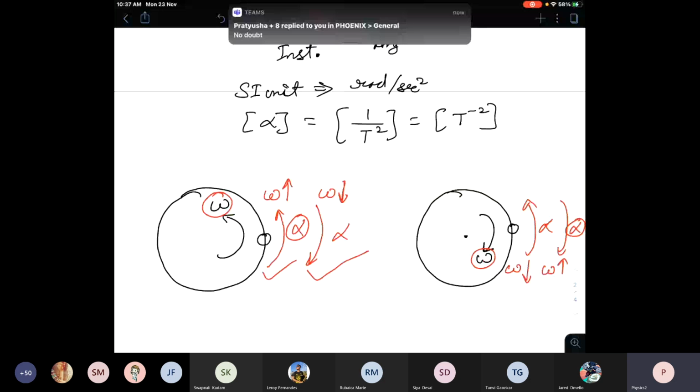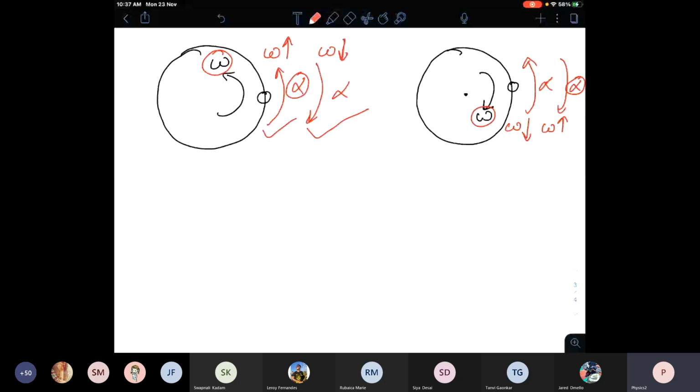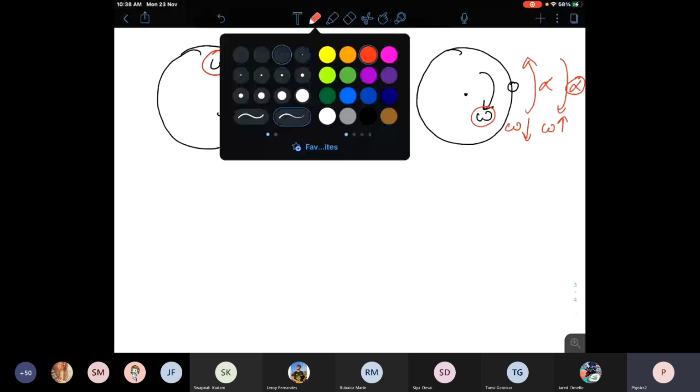Now, this was angular acceleration. We have done angular acceleration and everything. Now, let's talk about the similarity between linear motion and angular motion.